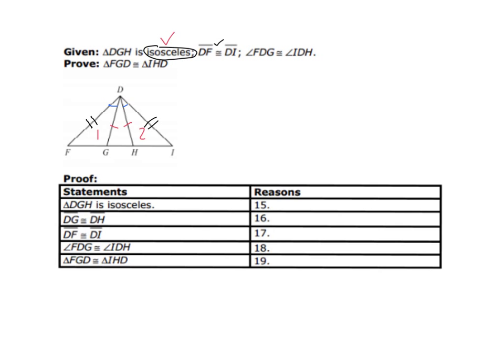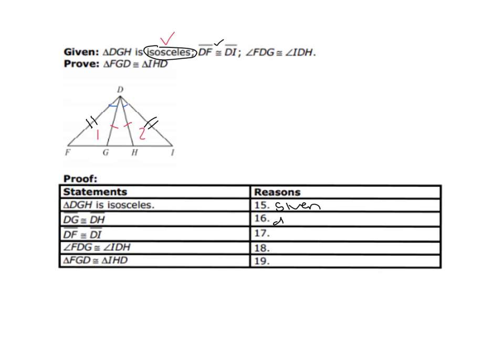All right, so now we're going to work on our statements and figure out all our reasons for this one. Triangle DGH is isosceles. Very simple reason. It's given. DG is congruent to DH.